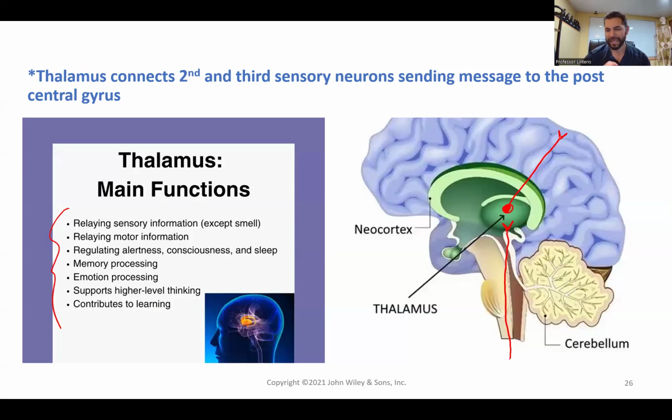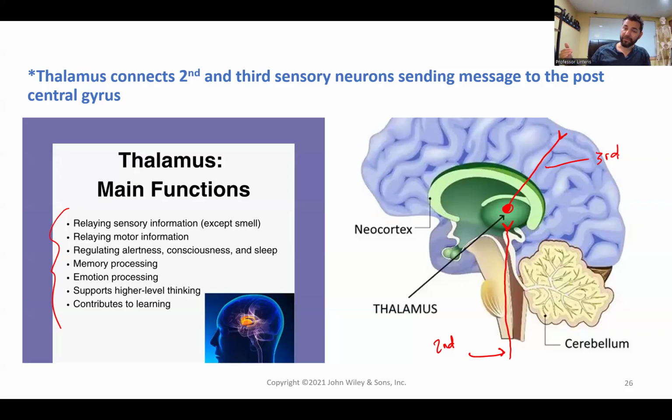So that thalamus we can kind of think of. I like this picture because this is what we call a second order and a third order sensory neuron. So your first order sensory comes in, synapses with the second order, goes up, synapses second and third in that thalamus, and then that third order sensory neuron gets relayed to most likely the postcentral gyrus or something. Whereas the motor pathway, you had two, an upper and a lower.